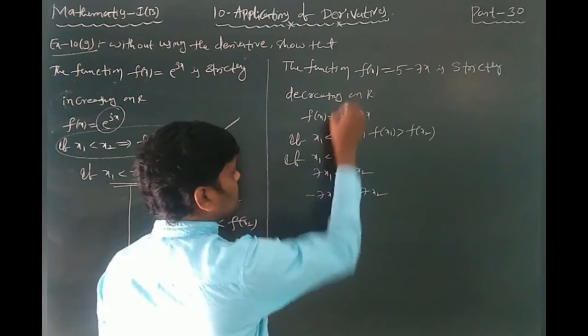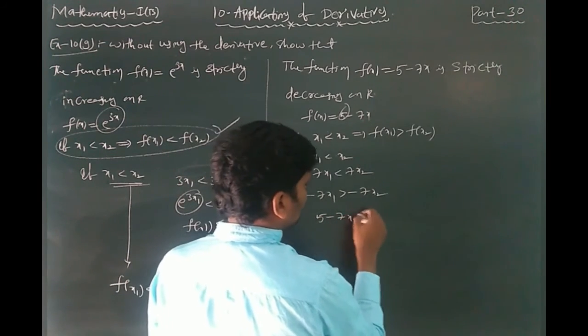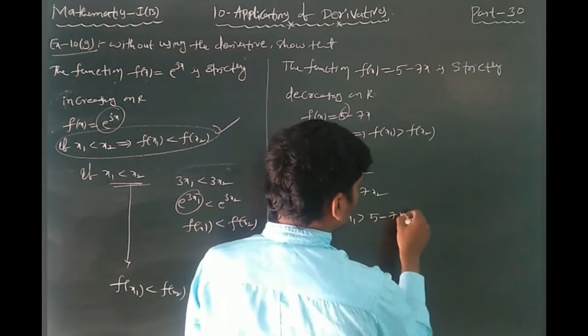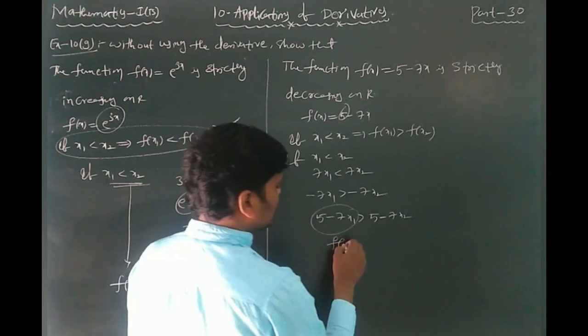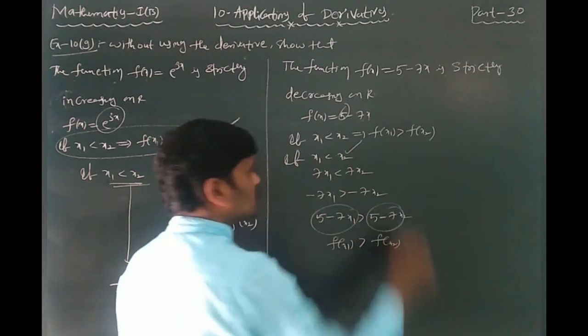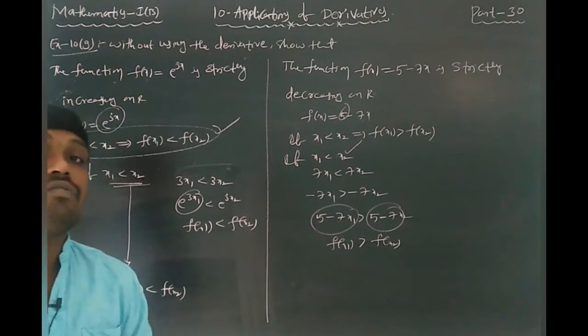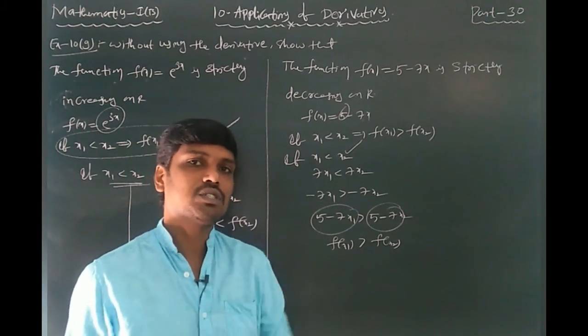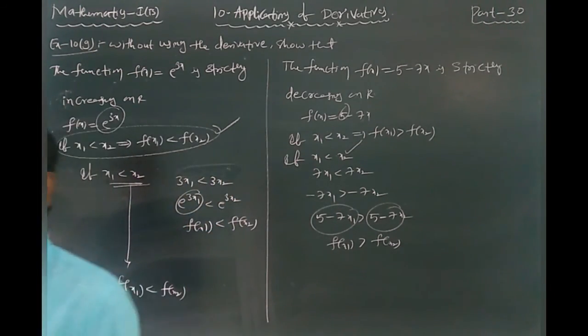Add 5 to both sides: 5 minus 7x1 is greater than 5 minus 7x2. This is f of x1, this is f of x2. So x1 less than x2 gives f of x1 greater than f of x2. Then f of x is a strictly decreasing function.